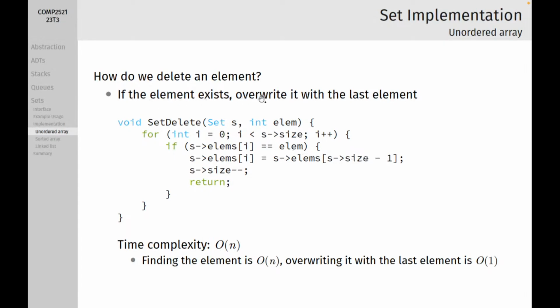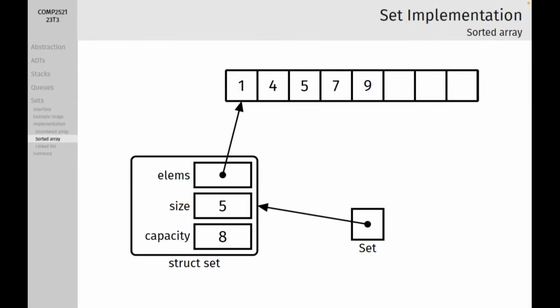So if the element exists, override it with the last element, then decrement size, then return. Okay, so the time complexity of this is also O(n). All right, so that's the unordered array implementation. So all 3 of the operations that we're concerned with are O(n). Right? Now here is another implementation. Right? So a sorted array.